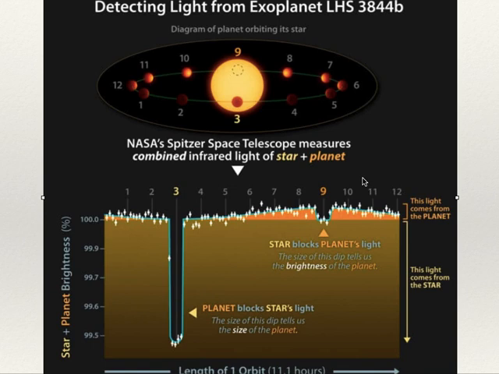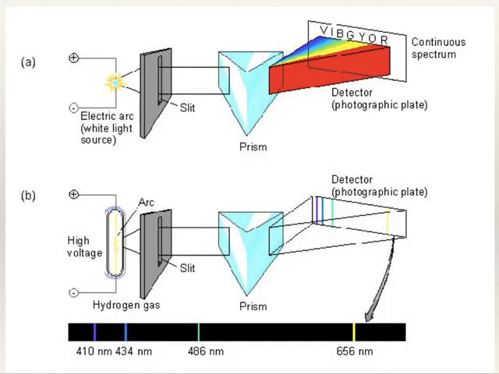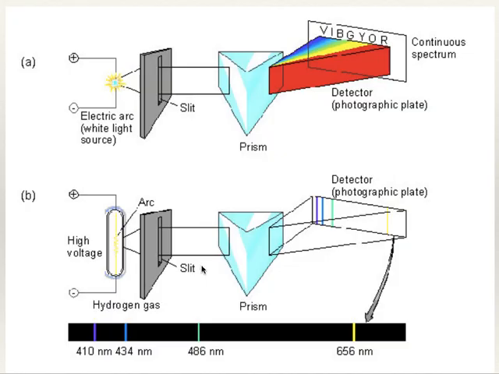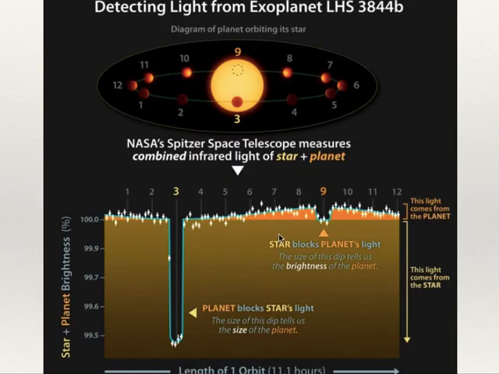And if we can learn to read this light, if we can use this process so that instead of a high voltage tube of hydrogen gas, this light is coming from the atmosphere, this dark orange, coming from the atmosphere of the exoplanet, all we have to do is send it through a prism. It's not going to be this clean. It's going to be much, much more complicated. But we're clever and we're determined, and we'll learn to read that light and figure out what atoms and molecules are in the planet's atmosphere.